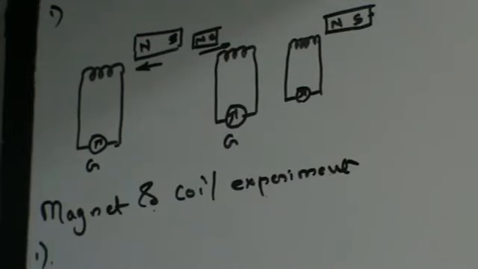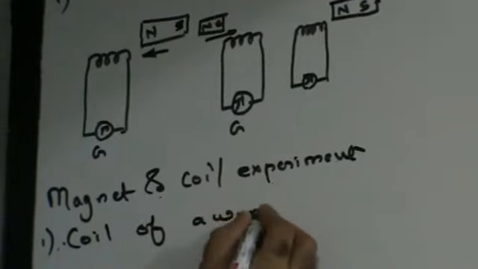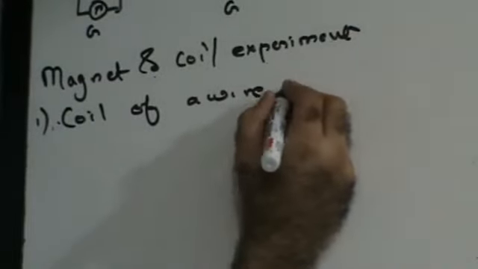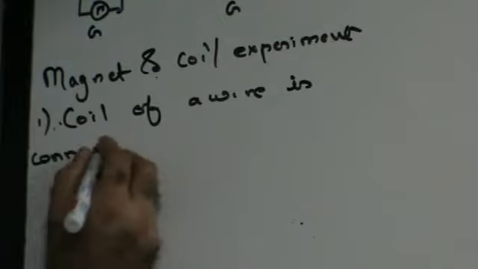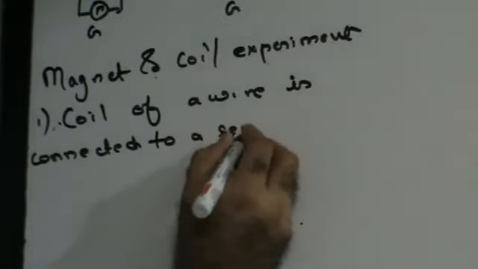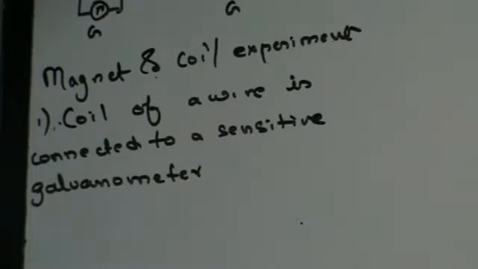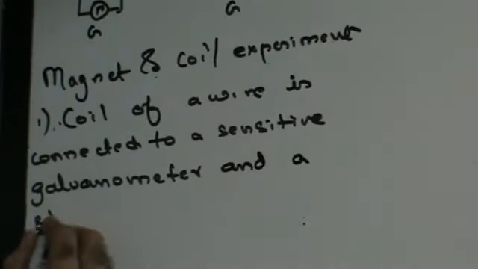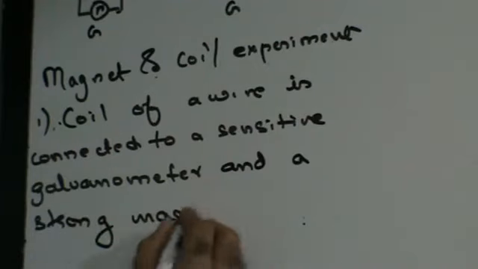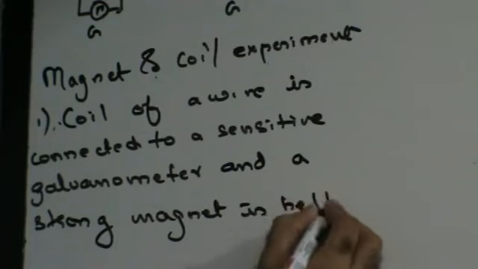A coil of wire is connected to a sensitive galvanometer and a strong magnet is held near the coil.